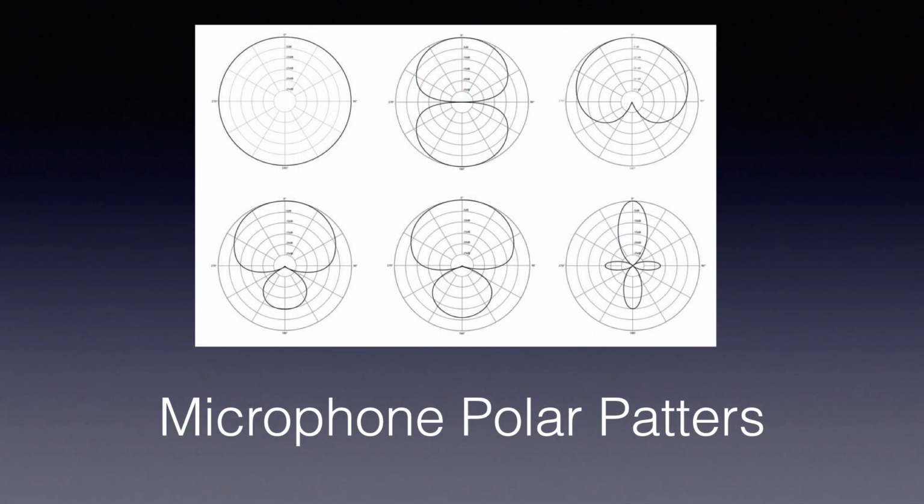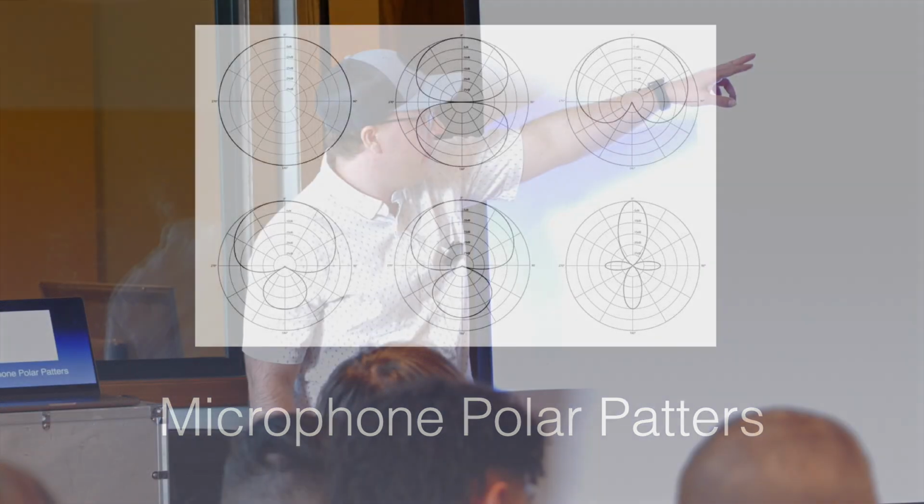Let's go into the different polar patterns. This diagram has 6 different polar patterns. Most microphones that you buy are going to show the specific microphone's polar pattern and frequency response. I'm just going to go over the top 3 that we see here because these are just variations of that top right polar pattern.